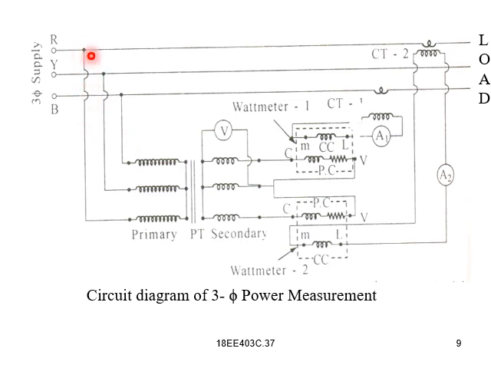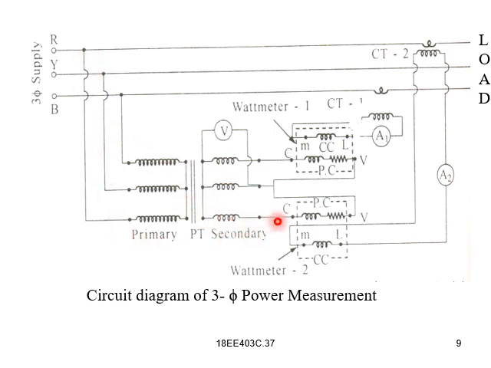So all the three phases of the primary of PT are connected to all the phases. By that it makes a parallel connection. And then the secondary is connected to one of the phases. Let us take R phase.